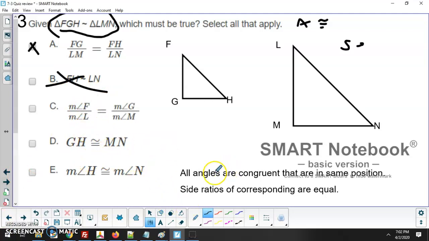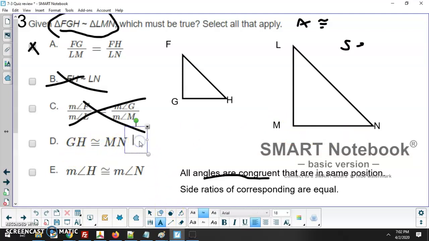And angles are congruent. The ratios of the angles, who knows anything about that? That's a bunch of garbage, just trying to make you think crazy thoughts. GH is congruent to MN. No, the sides are not congruent. The sides are proportional.